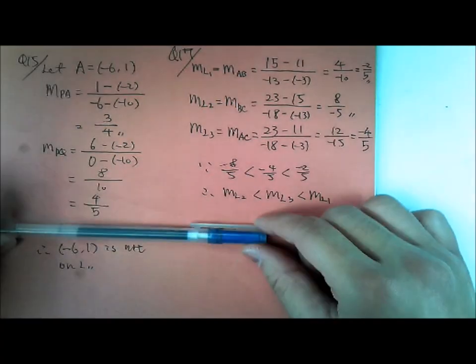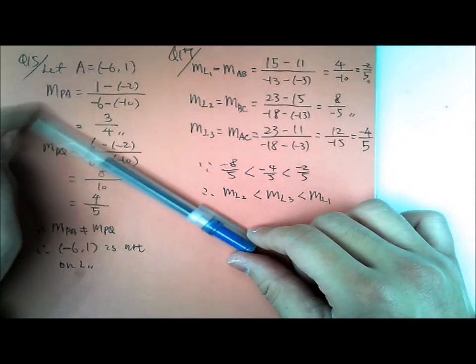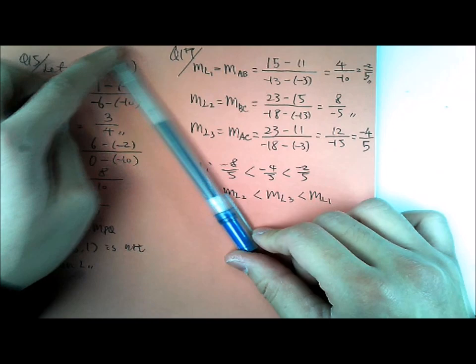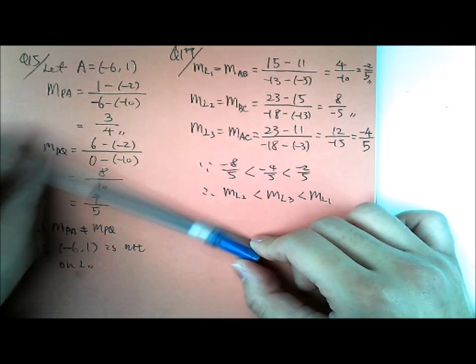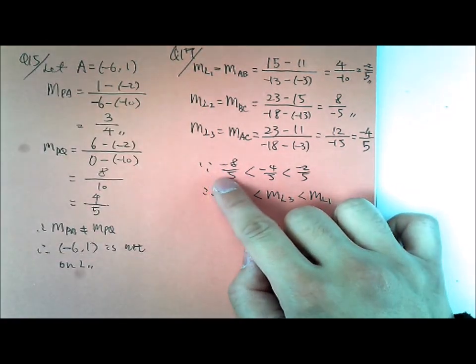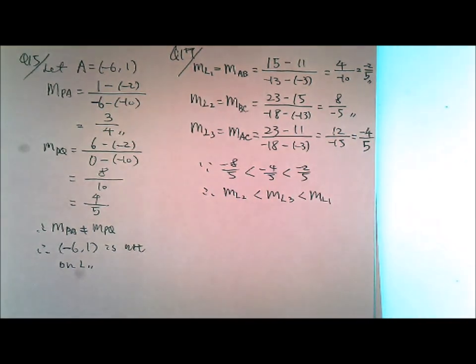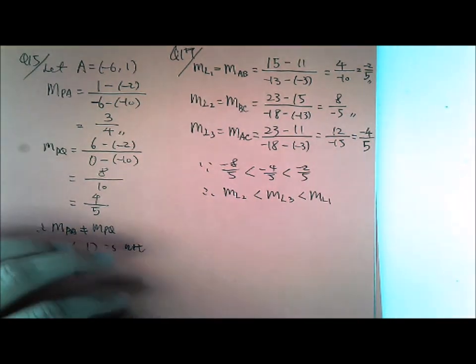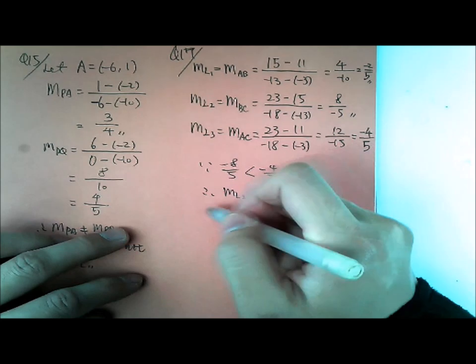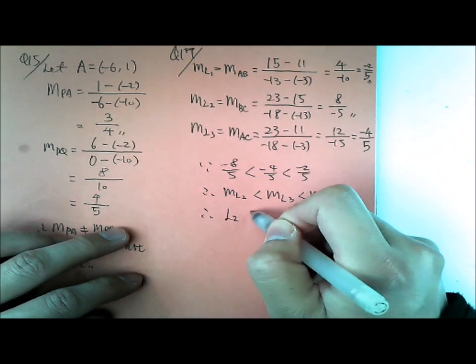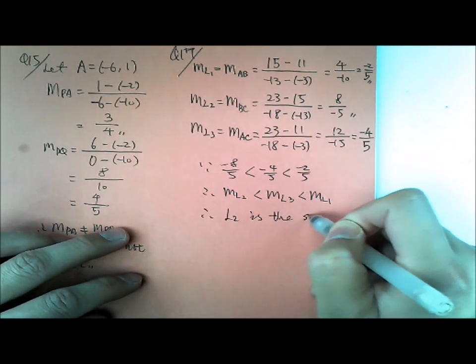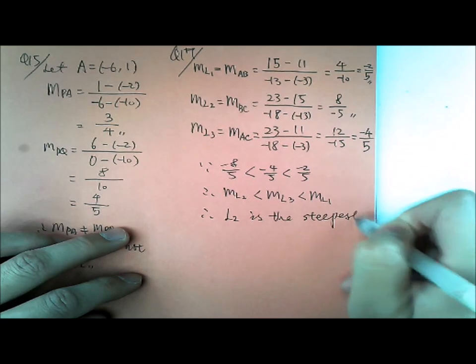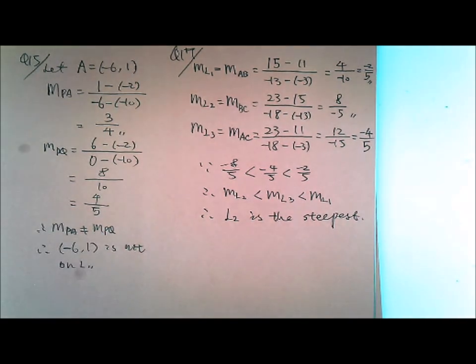And then for this one, the negative, right? More negative, more steeper, okay? So this one is more negative than this one. So which one is the steepest? It should be L2, understand? So L2 is the steepest, understand?